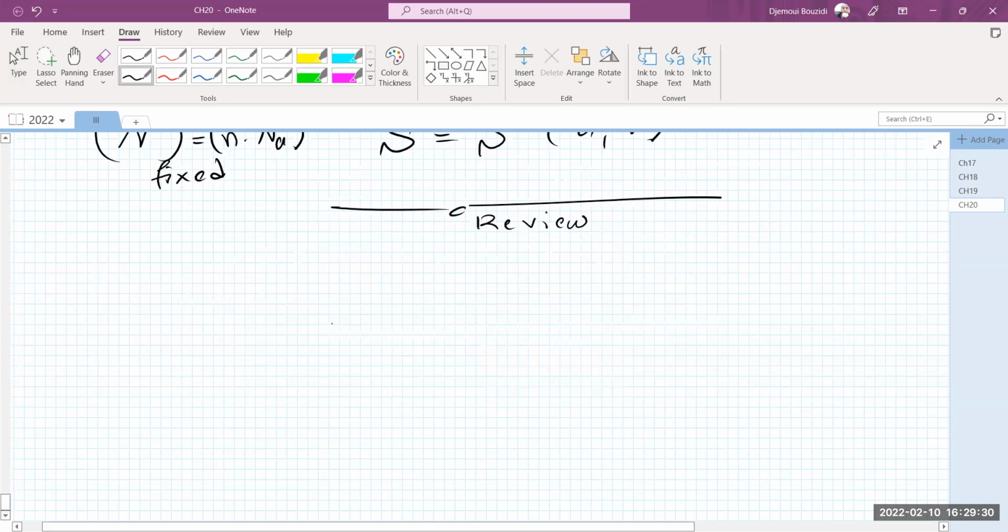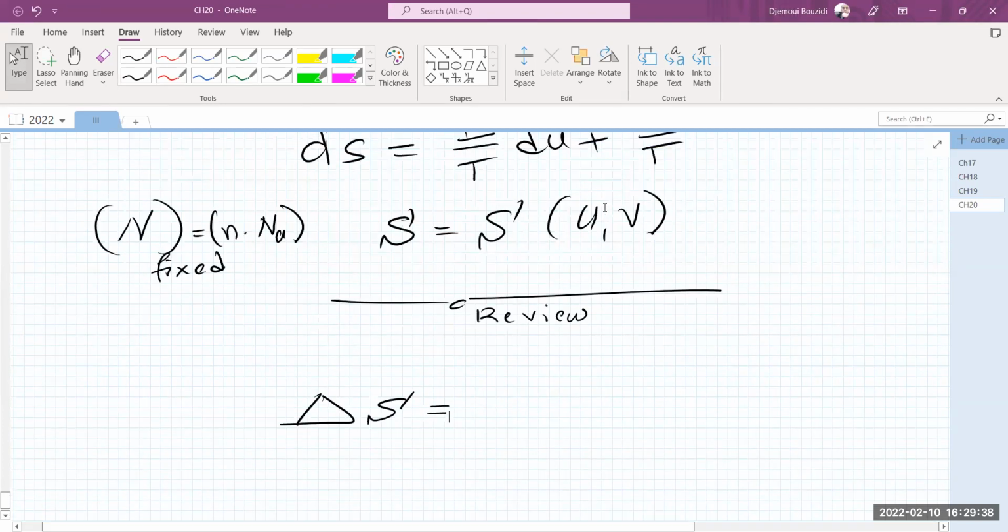So let me compute delta S, where by delta S I mean this function evaluated when U and V were intact before they changed. And these variables are independent variables. I mean, they can change on their own separately without impacting one another. In other words, there is no function in this case that relates these two, otherwise it becomes a single variable.